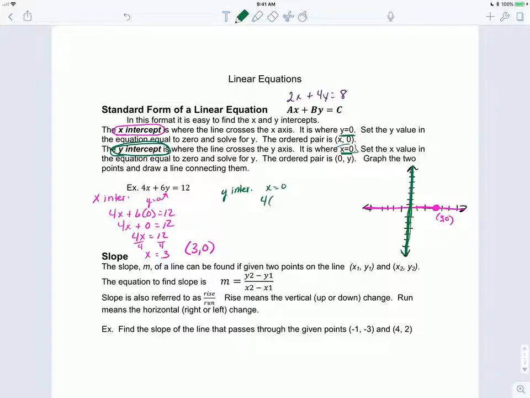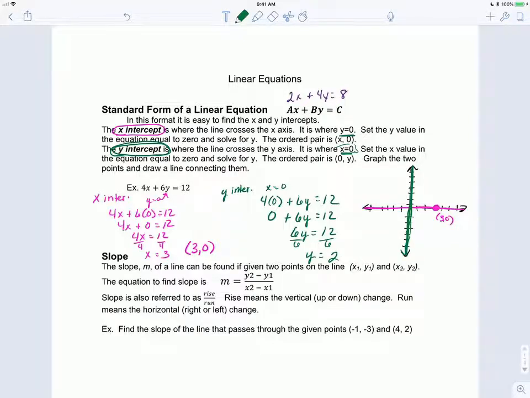That means 4 times 0 plus 6y is equal to 12. Well, 4 times 0 is just 0, plus 6y is equal to 12, so that leaves us with the equation 6y is equal to 12. If I divide both sides by 6, I get y is 2.